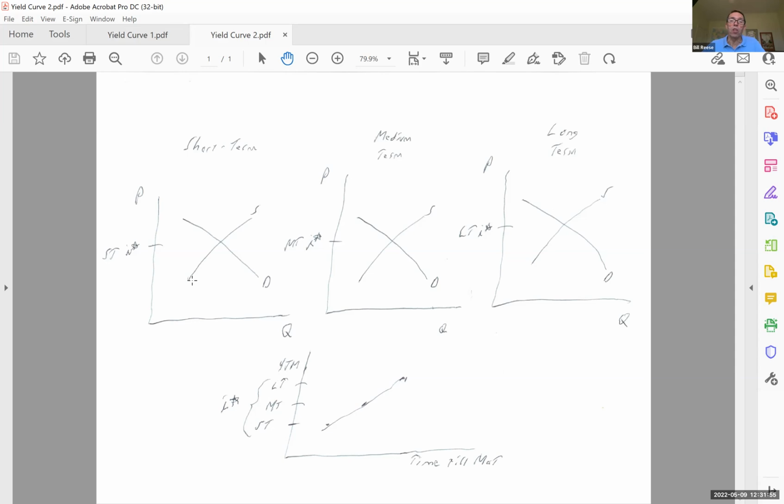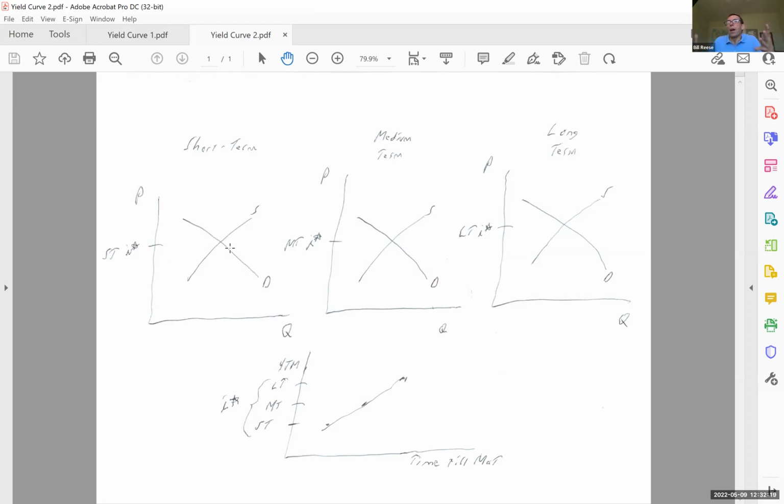You also learned that the supply curve is upward sloping: when you have a higher price, people want to produce more of something, and when you have a lower price, people want to supply a lower quantity. The intersection of the supply and demand curves is the equilibrium quantity and the equilibrium price.